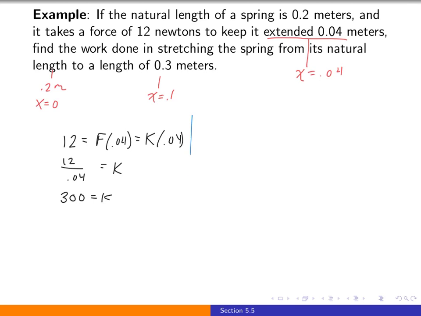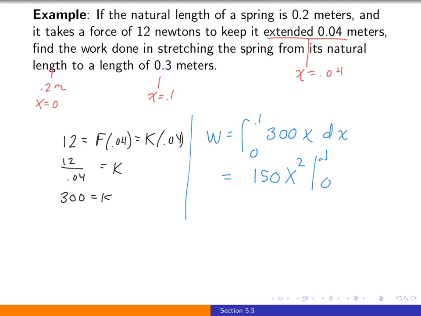So now, putting it together, the work done to go from 0.2 meters, its natural length, to 0.3 meters, would be x going from 0 to 0.1 of our force. The force is 300 times x. The antiderivative of 300x is 300 halves x squared, so 150 x squared, from 0 to 0.1.